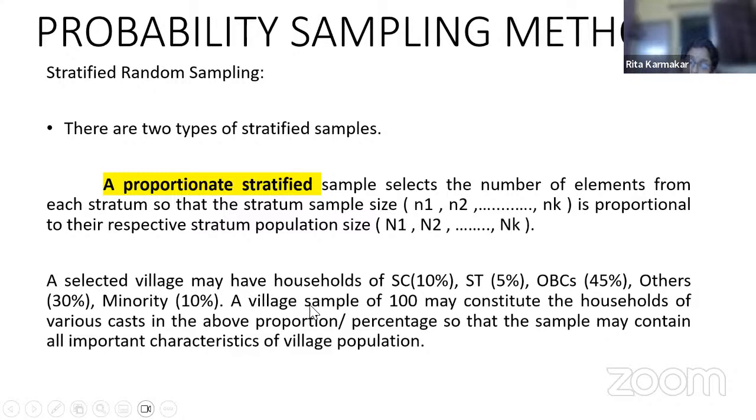When a village sample is taken, suppose 100 would be my sample, and I know these percentages, 10%, 5%, 45%, 30%, and 10%, from each stratum. Then in this sample of 100, how many SCs would be there? Tell me. How many SCs would be there?